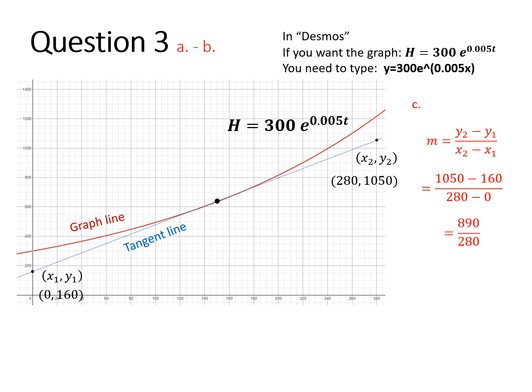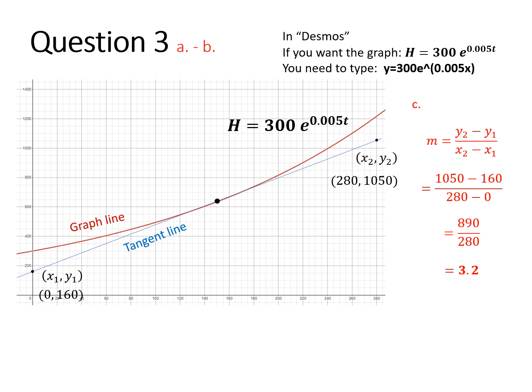And I can work that out. The gradient comes out as 3.2, and that looks right. It's a positive number. Every time I go along 1, it goes up roughly about 3.2. So every time I go across 100, I'm expecting it to go up about 320. That tells me I've got roughly the right gradient.